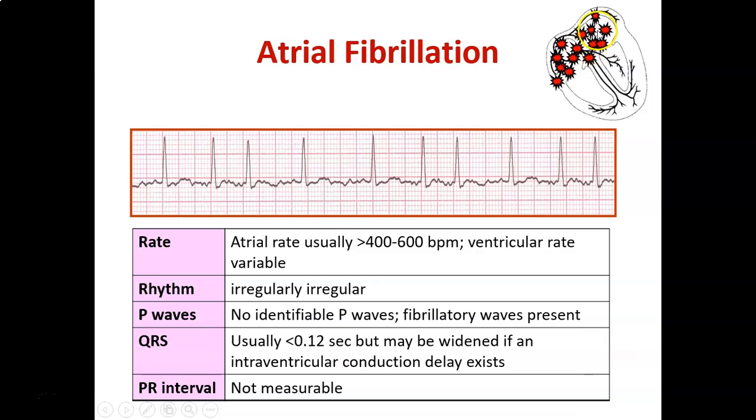Some are capable of reaching the AV node, then the AV node sends the current nicely to the ventricles and we get the QRS complexes. Some just keep on moving within the atria and are not able to reach the ventricles. Some reach the ventricles, and then we get the QRS complexes.